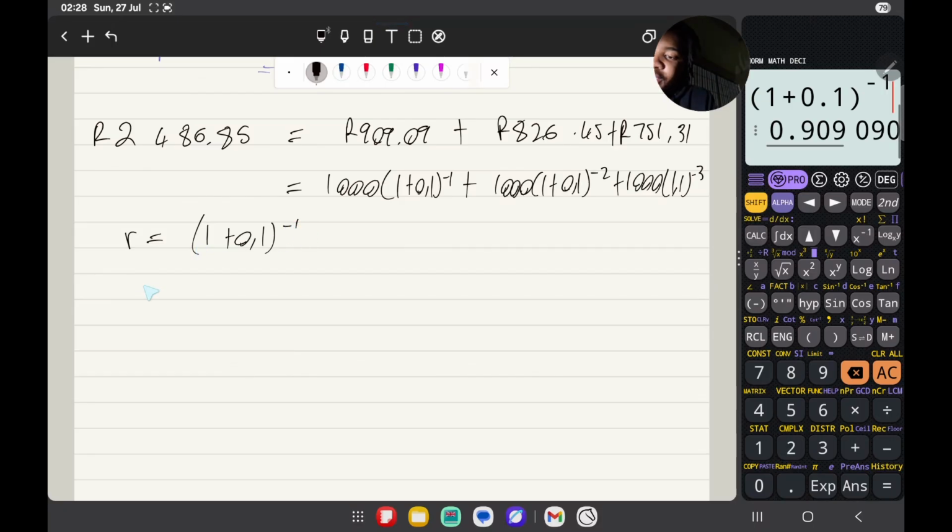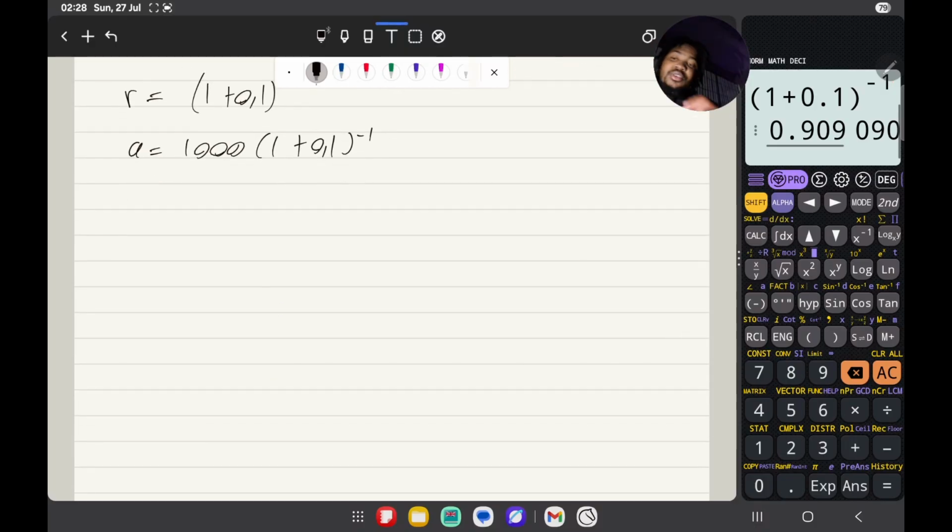And we have a, which is 1,000 into (1 plus 0.1) to the negative 1. So if we want to find Sn, we're going to use this formula: a into (1 minus r to the n), over 1 minus r. And the reason we're using this formula is because r is below 1. Remember, if r is between negative 1 and 1, we're going to use this formula for the sum.